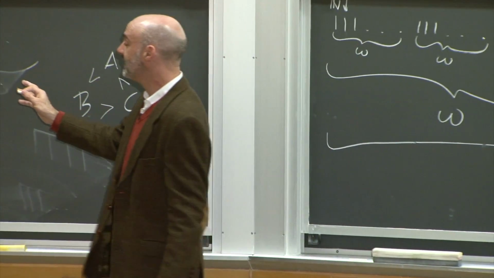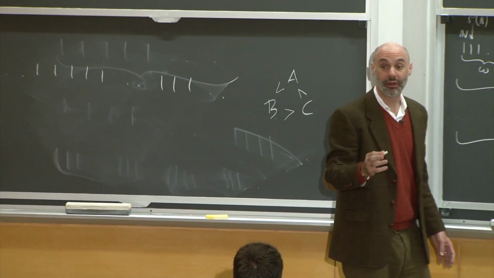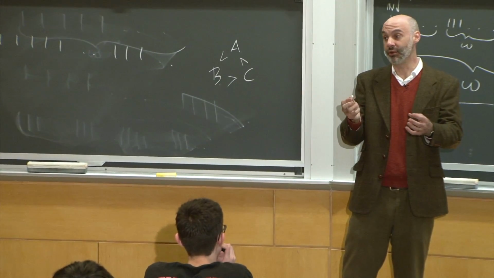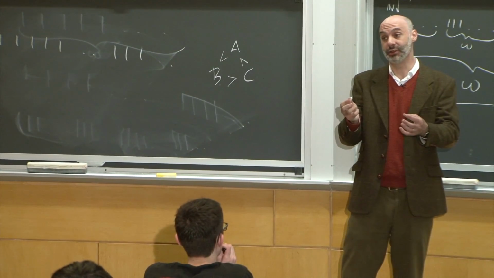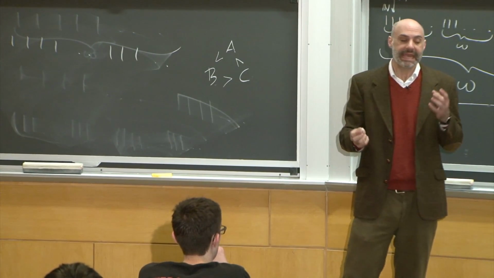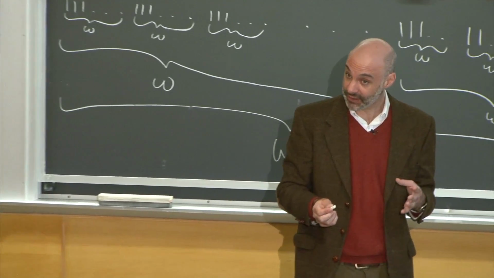Another thing that happens in linear orderings is that any two things are comparable. So if you take any two elements of the set you're ordering, there's always an answer to the question, which one is bigger than which one? Can anyone give me an example of a way of ordering a set where that's not the case?